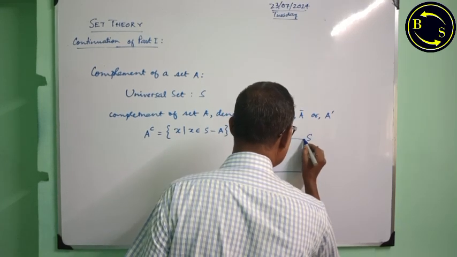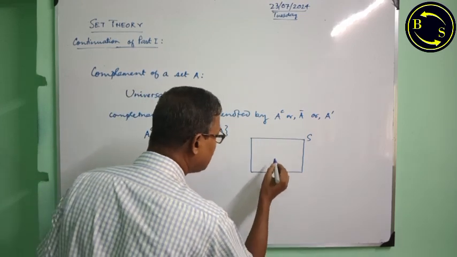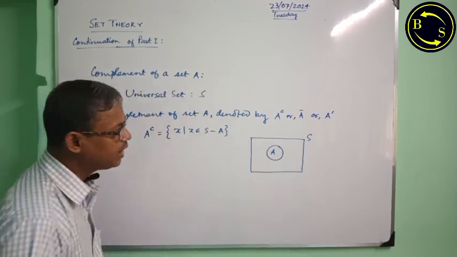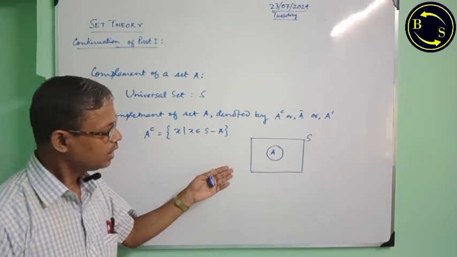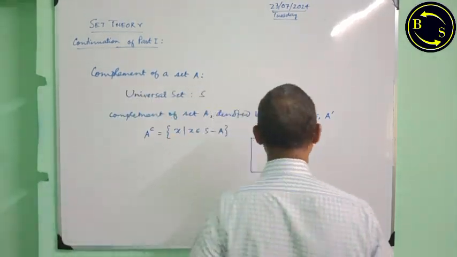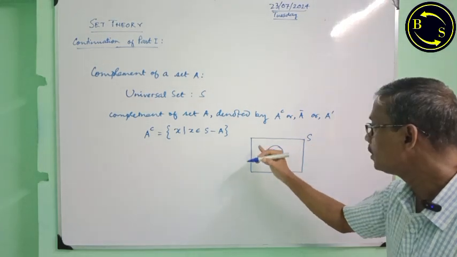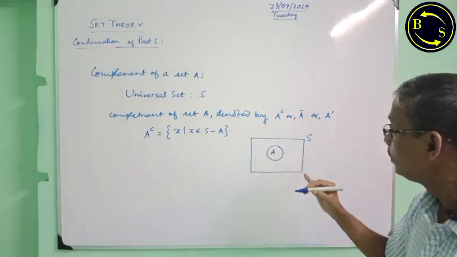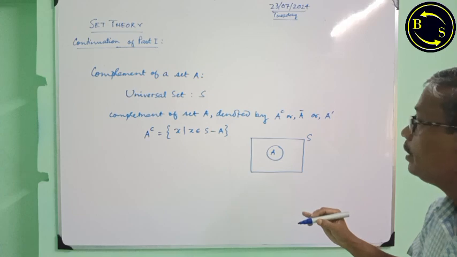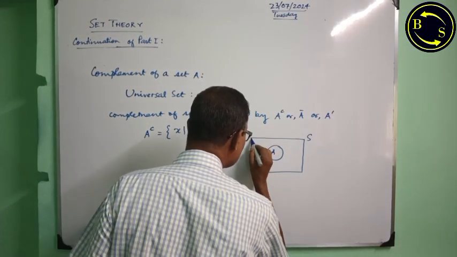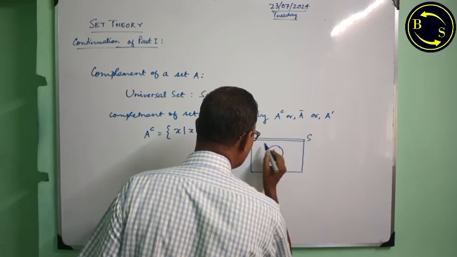But let S be the universal set and A be the set. I have drawn the Venn diagram. Here S is the universal set and A is the set. Then complement of set A is the set.